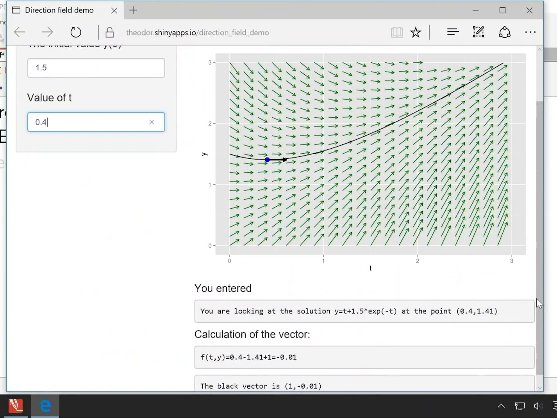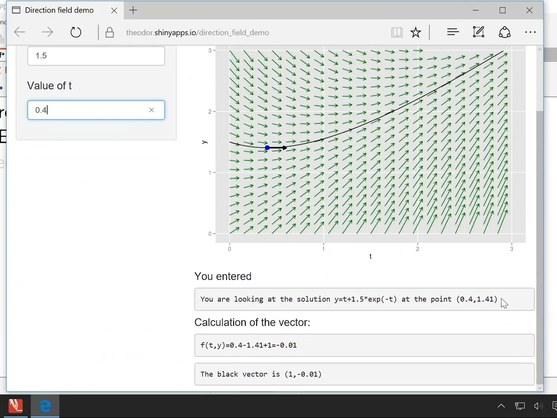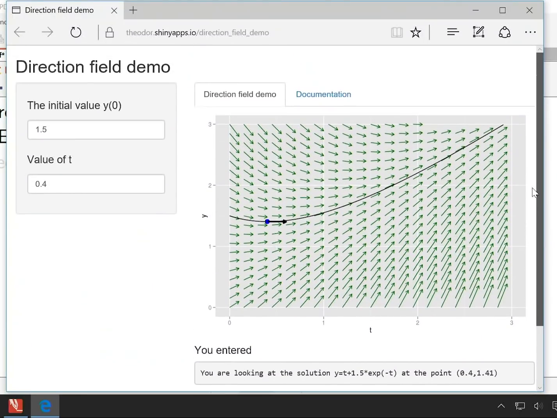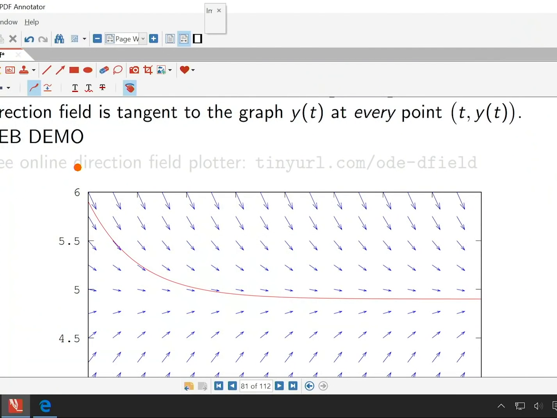Now y is 1.41, but then the right-hand side is going to be 0.4, which is the value of t, minus 1.41, which is the value of y, plus 1, so it's a very small negative number. You can see the black arrow is almost horizontal, but it points a little bit downwards, to the right and a little bit downwards, and so on. You can play with it a little bit if you want to understand it better. So that's one little demo.